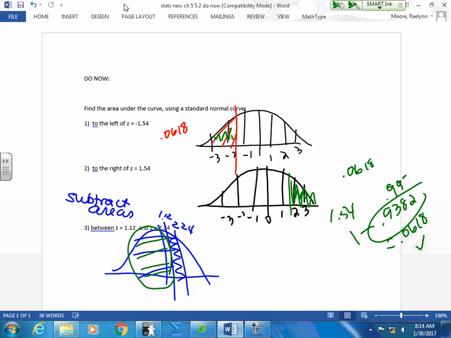So I don't have the answers in front of me. Anybody have the area for 2.24? 0.9875. And the area for 1.12? 0.8686. Thank you. And when you subtracted them? Thank you so much.